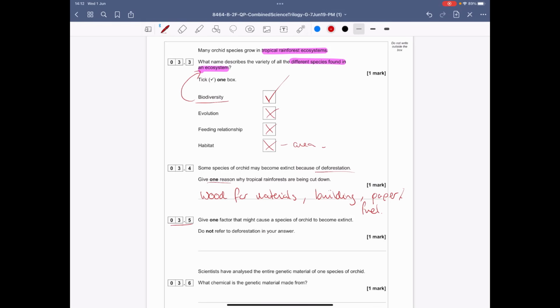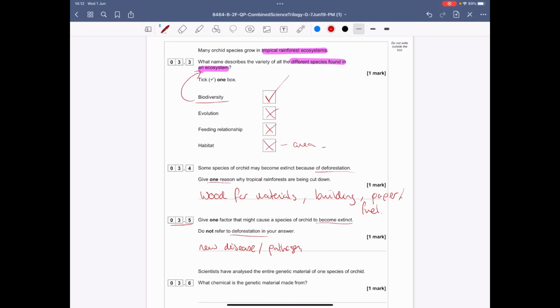Question 3.5. Give one factor that might cause the species of orchid to become extinct, but you can't refer to deforestation in your answer. So what might be another reason why the orchid becomes extinct? Well, these are your general factors of what causes extinction. You could have a new disease or pathogen that could wipe it out.